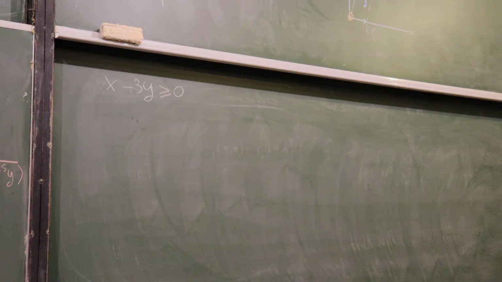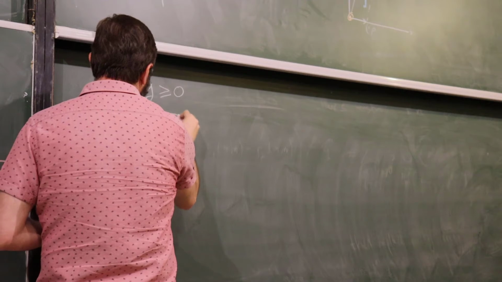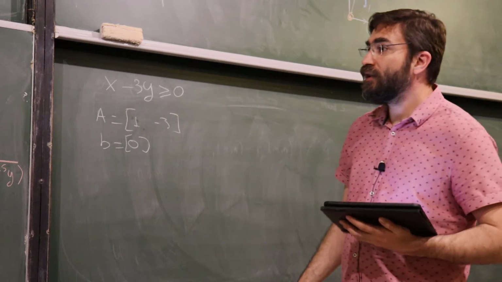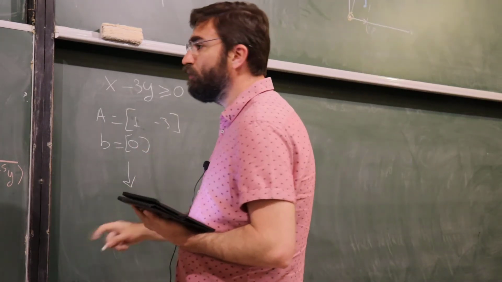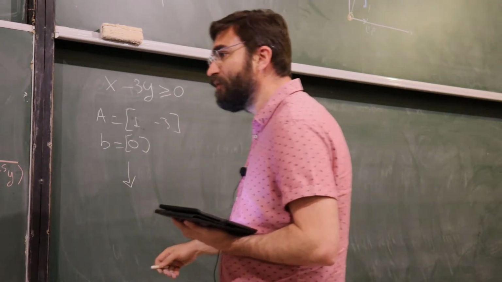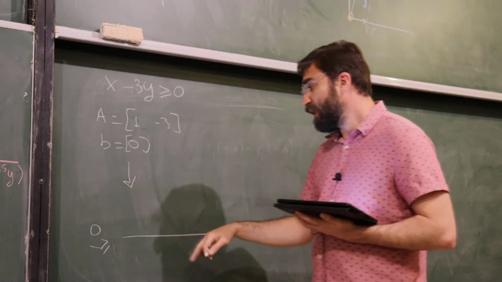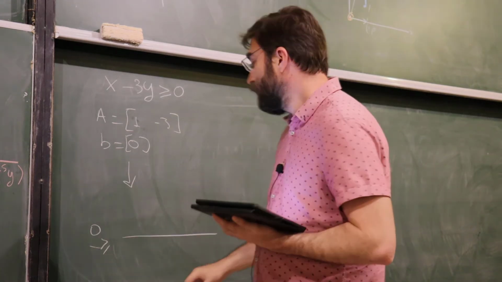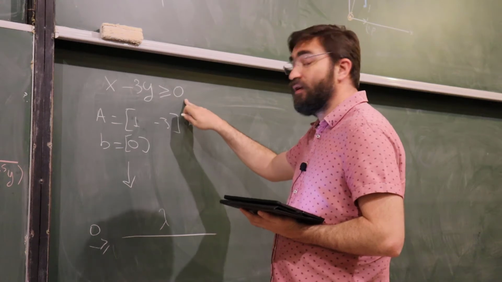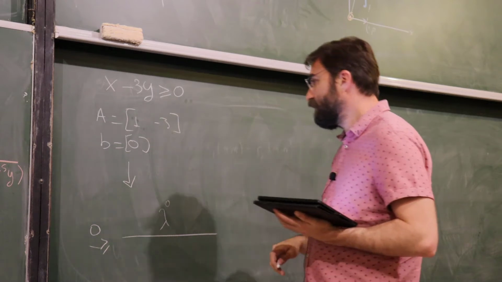So A is (1, -3), and B is 0. Boring, but yeah. So from there, we move to the multisum, but I will just jump one step. And now what we want is to compute the omega on this crude generating function. So we have only one equation, so I only need one lambda. What is the right-hand side? B. It's 0. That's good.